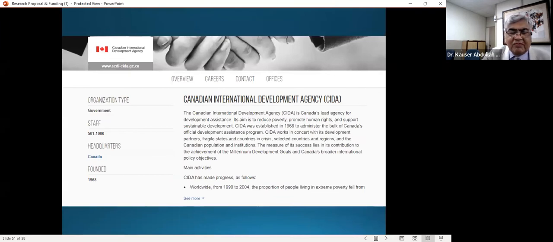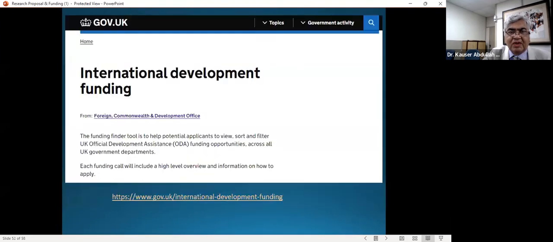Again, all these development agencies are ones which support larger projects based on your teamwork, you see. International Development Funding, which is a UK-based Commonwealth Development Office, and it's the forerunner of ODA.